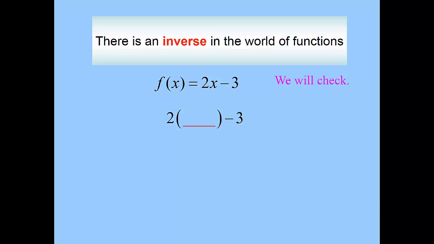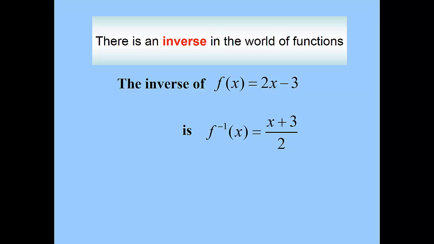And this is called the inverse. 2 times x plus 3 over 2. The 2's would cancel. The 3's would subtract out. And we get x, the identity. And so this is the symbol that means the inverse of that function, f with an exponent of -1.